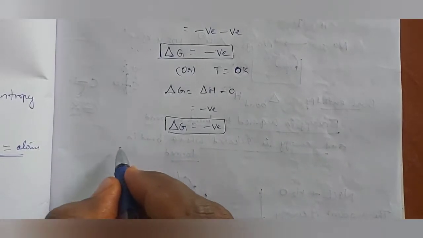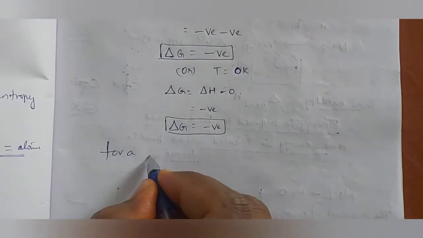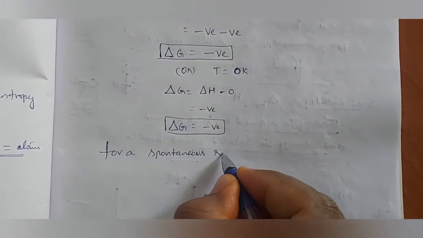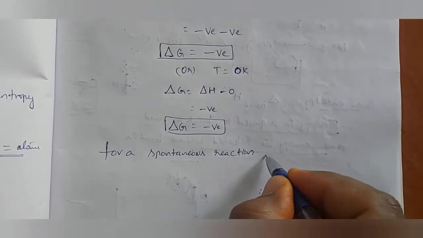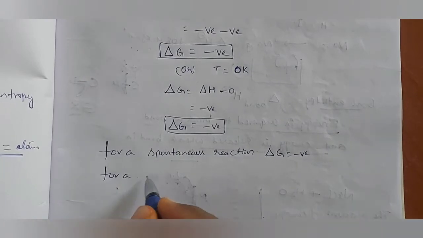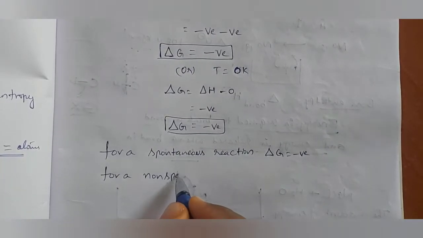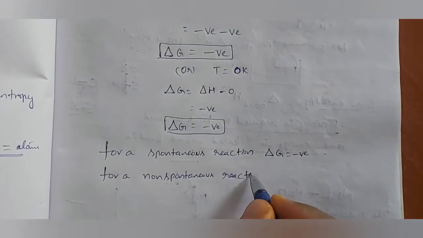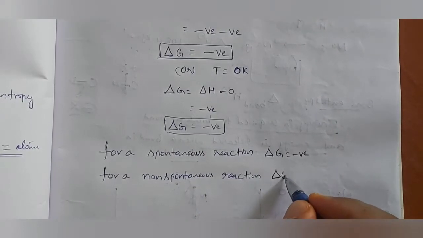Finally, I am going to write: for a spontaneous reaction, delta G is negative. For a non-spontaneous reaction, meaning the reaction will not happen easily, delta G is positive.